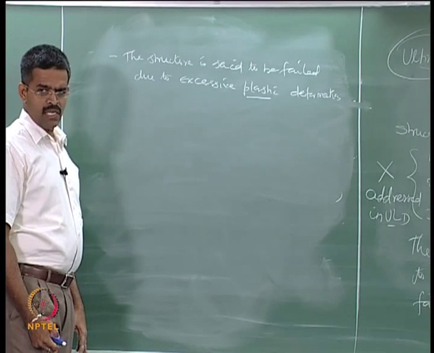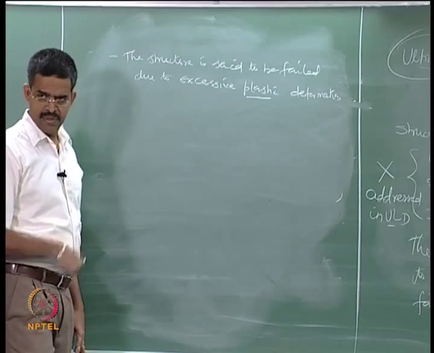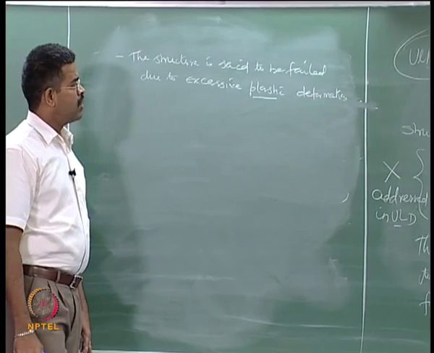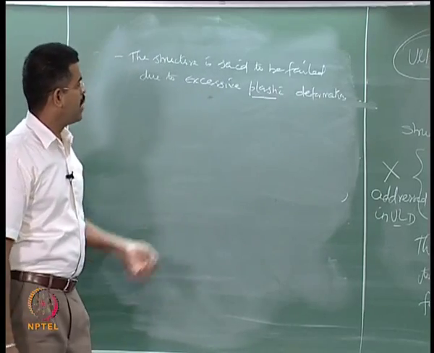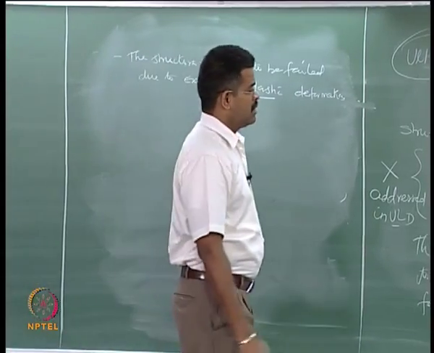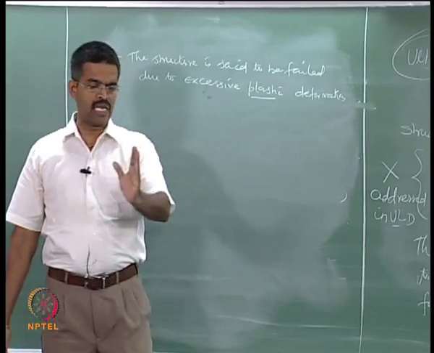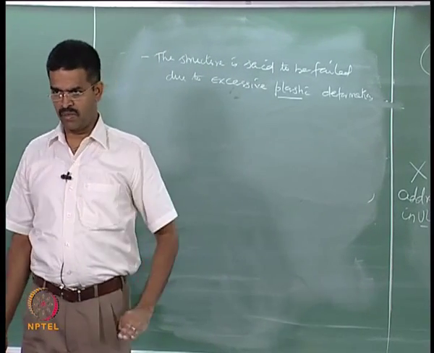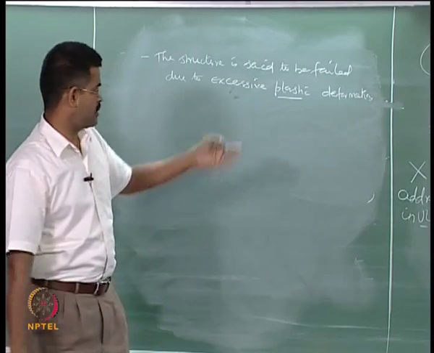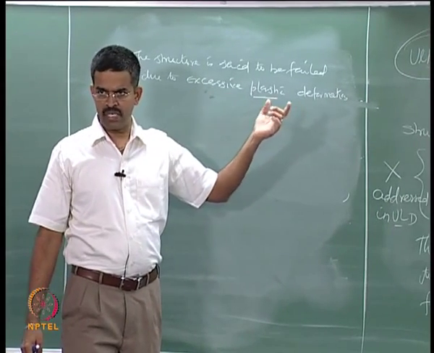So, when the structure has attained excessive plastic deformation, why do I say excessive? Because in the stress strain curve, beyond the elastic deformation all are semi plastic and plastic only. So, there is a cutoff which we call an excessive plastic deformation.